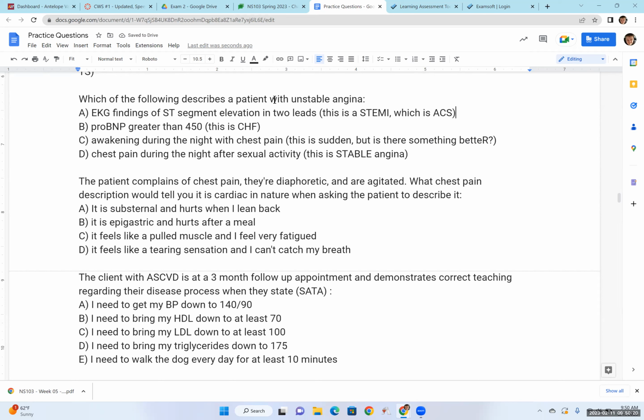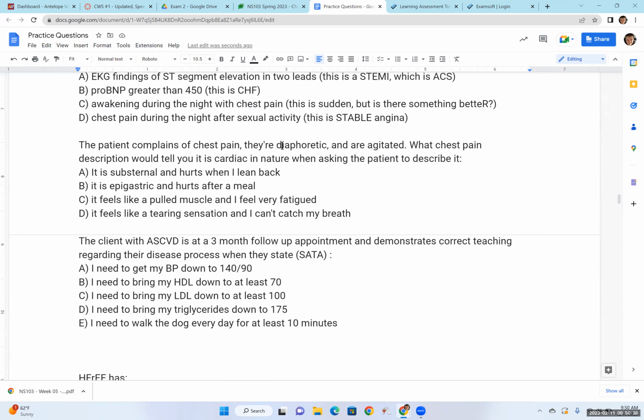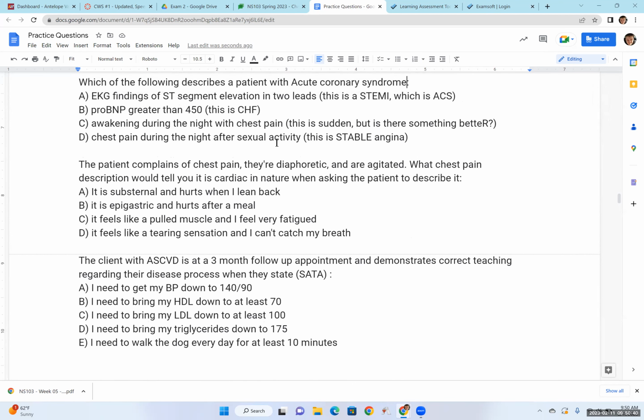But it is ACS. I'd probably say acute coronary syndrome. That'd be more specific. I think I morphed the question. It was looking at stable versus unstable, and I added this. Either way, now that works.